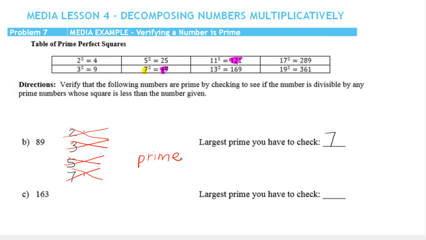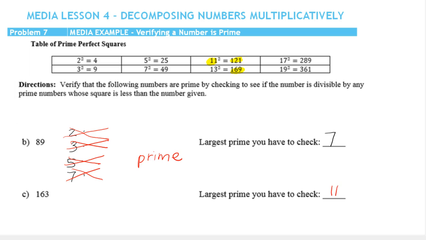Okay. So now let's look at 163. So 163 lies between 121 and 169, and we go to the smaller number of 11.